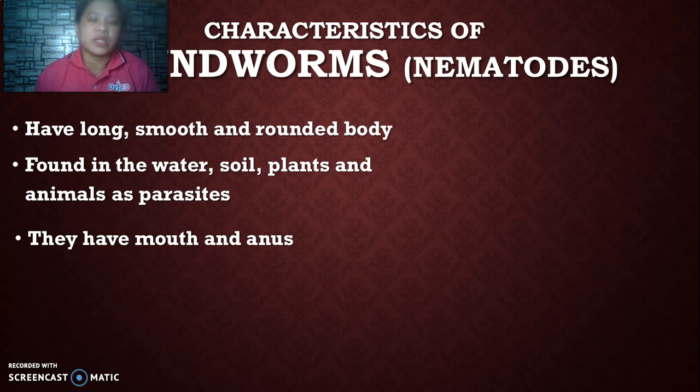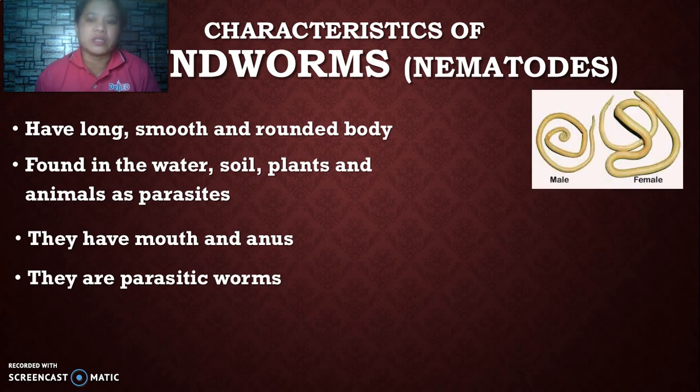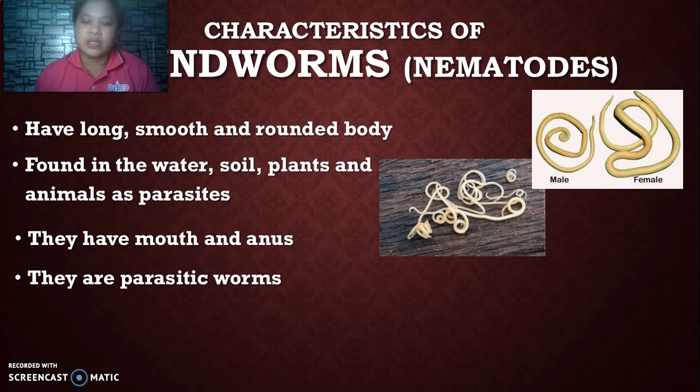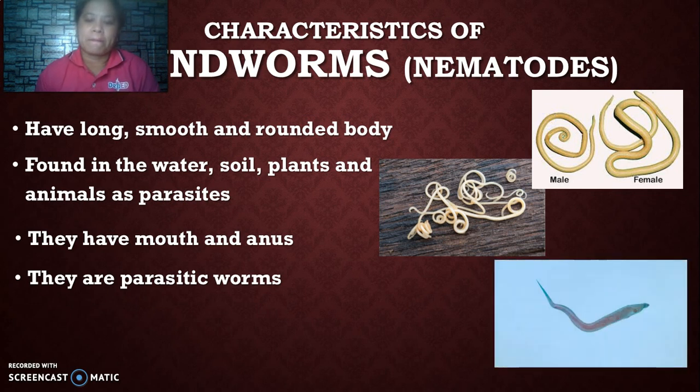They have a mouth and anus. They are parasitic worms. An example of it is the Ascaris worm, commonly found in the human body. And this one, the roundworm, is commonly found in animals, dogs and cats.